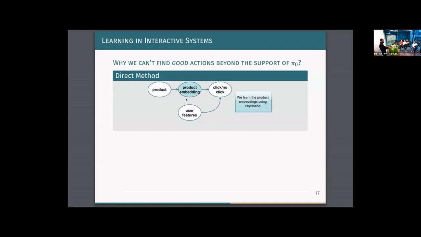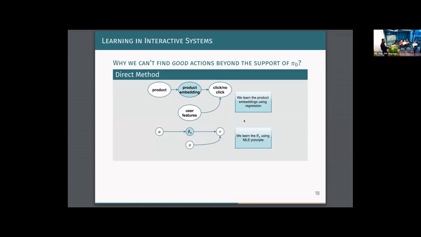So what I'm going to do is associate each product with a product embedding and say that the product embedding and the user features produce the click. So the click is basically, let's say, some inner product between the embedding of products and the user features. And what we do is we learn the product embeddings using some linear regression or logistic regression or whatever we want.